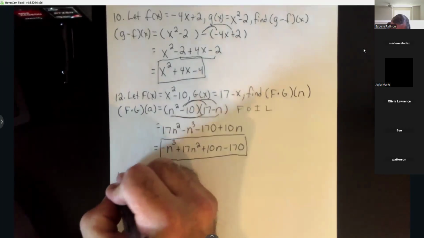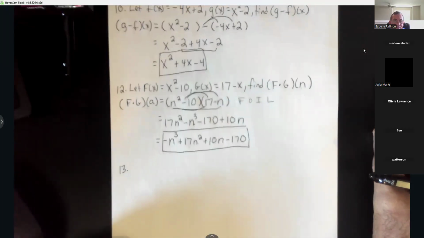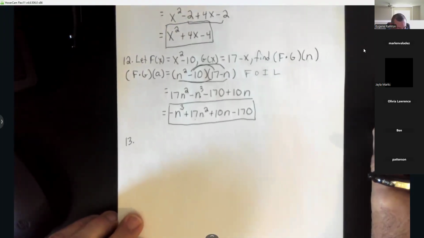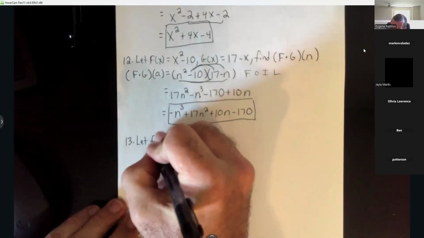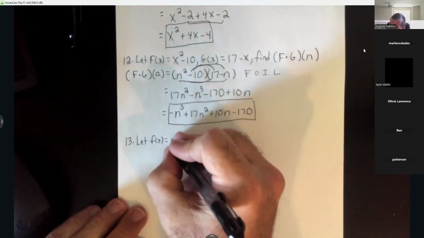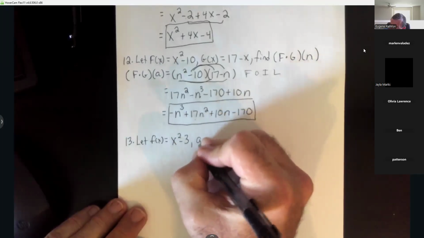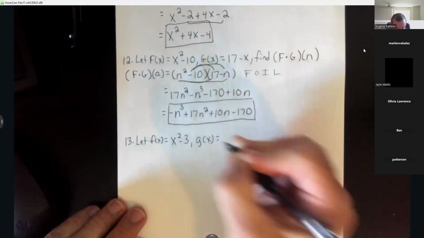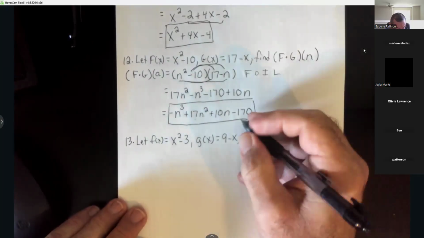All right, also one more of these, and then we sort of change up the questions. All right, so 13, let f of x equal x squared minus 3. g of x, we're going to let it equal 9 minus x.